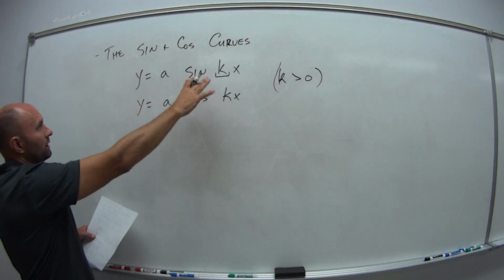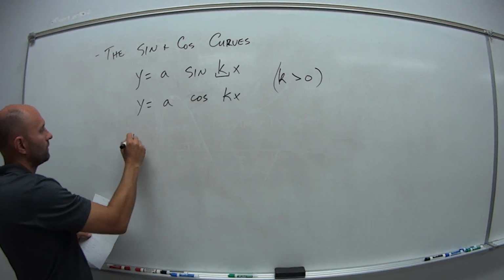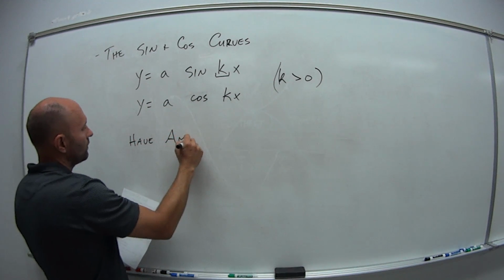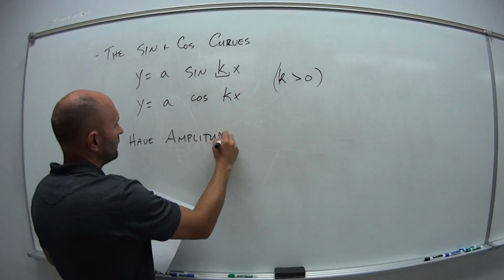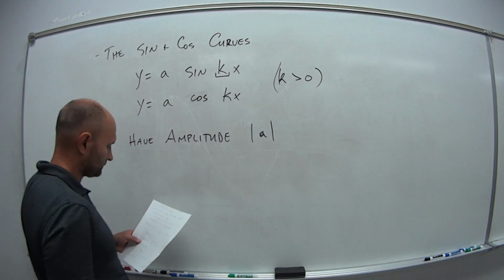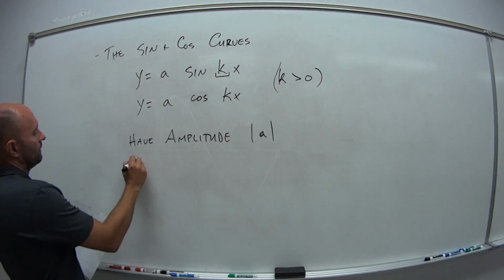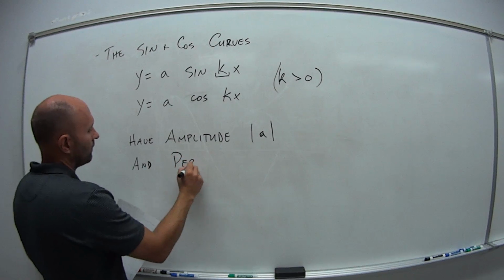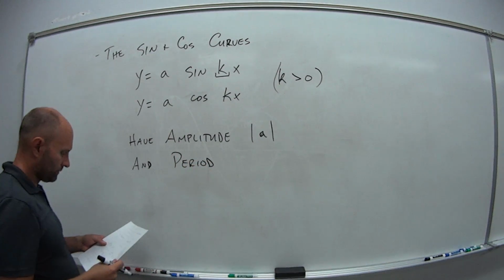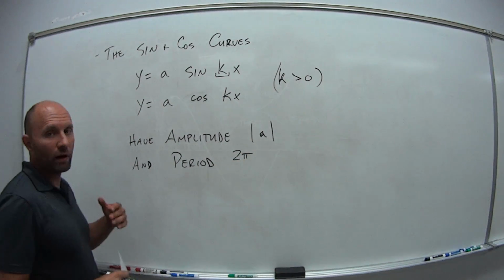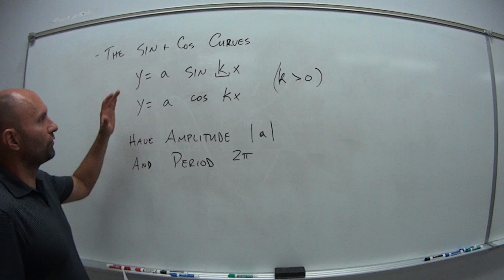When we have the equation of this form, so these curves have amplitude, same as before, absolute value of a. And period of 2 pi, because that's what our typical period was for sine or cosine.